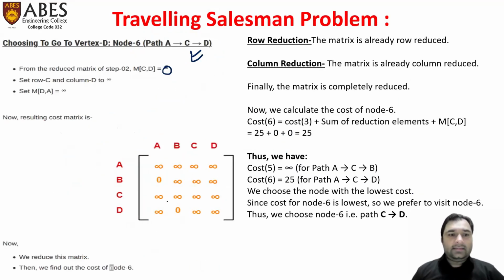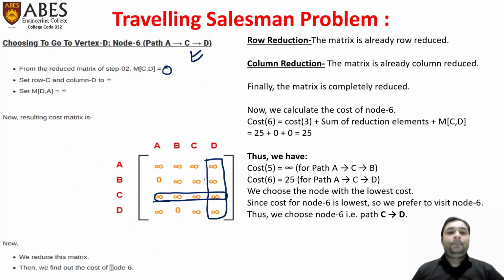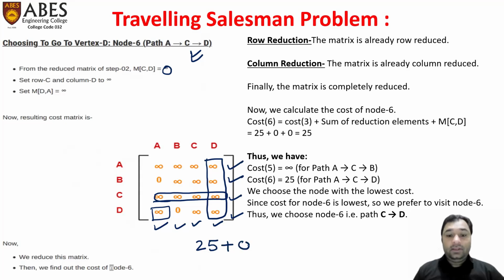What we have done is C row, D column, then D comma A as infinity. After doing this, this okay, this done, same thing. Now what happened is 25 plus 0, no row reduction, no column reduction, and 0 for that. What we get for CD is 25.